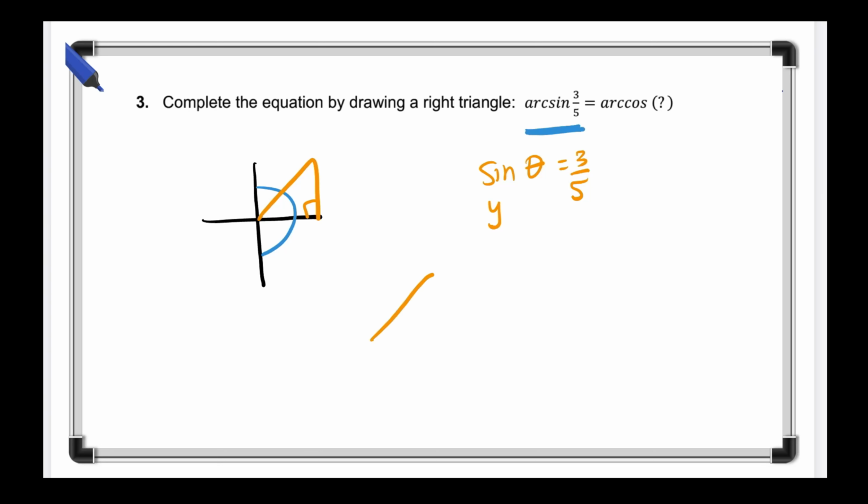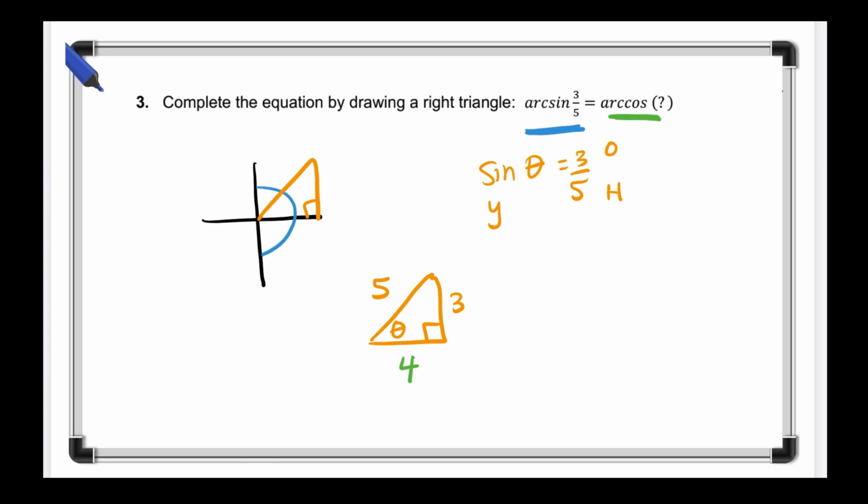So again, if I just draw my triangle here, my right triangle, there's my theta. So sine is going to be opposite over hypotenuse. That's 3 over 5. You can figure out what your missing side is. This is a Pythagorean triple, so this is a 3, 4, 5 triangle. Once you figure that out, you say, okay, well, what is on the other side of that equation?